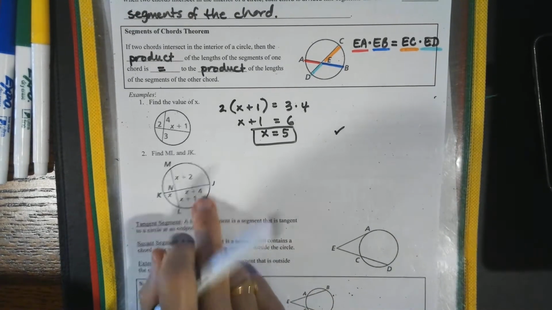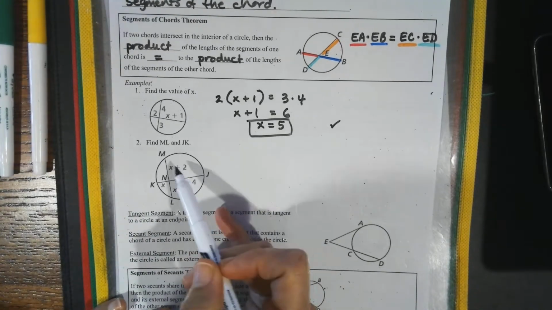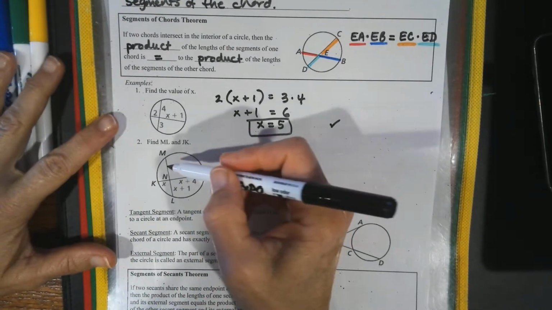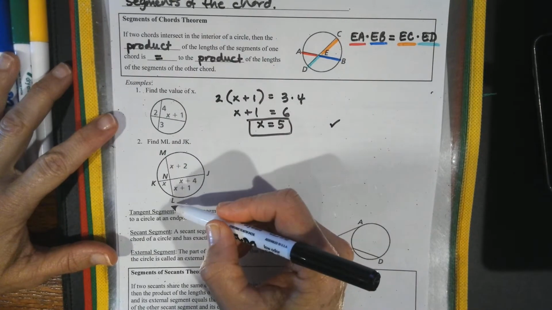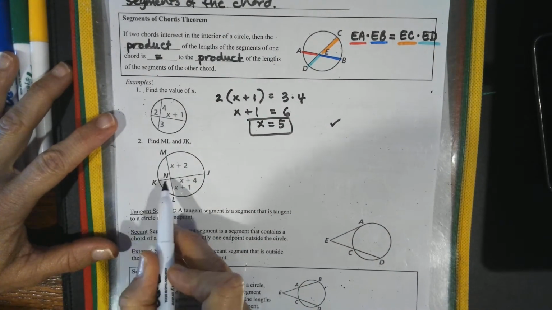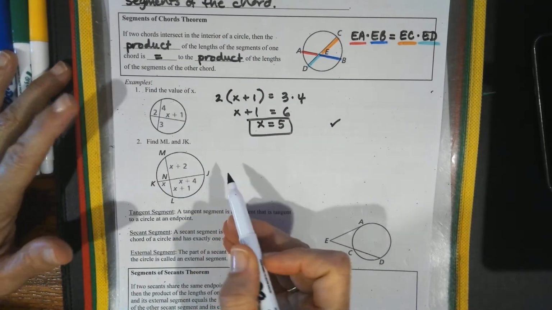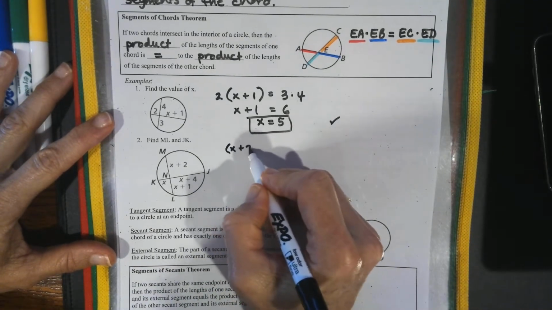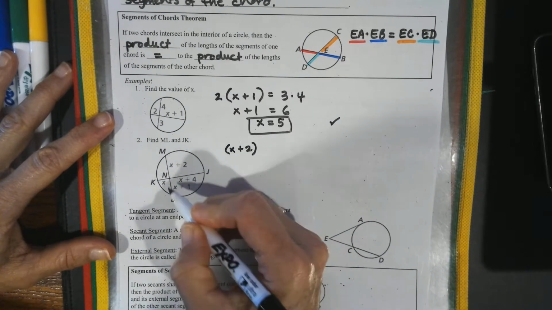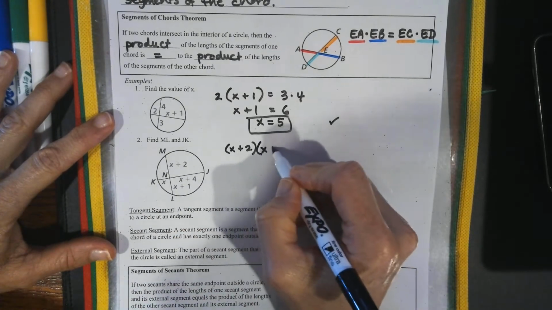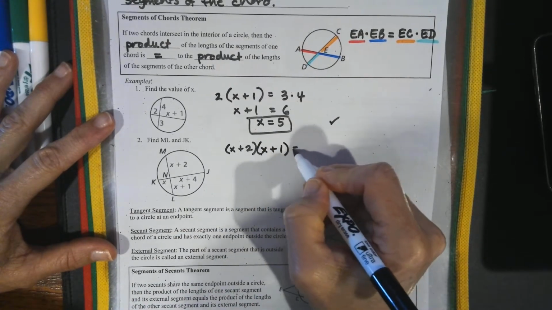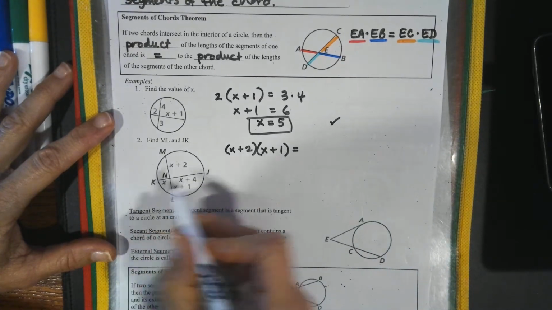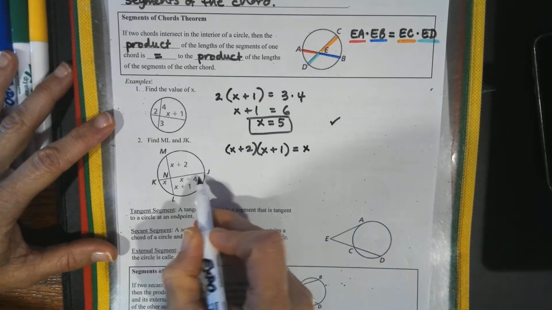Now this one here, I've got x's in there, but that's okay. Same thing. You're going to do mn times nl equals kn times nj, or jn. So it's going to be x plus 2 times x plus 1 equals x times x plus 4.